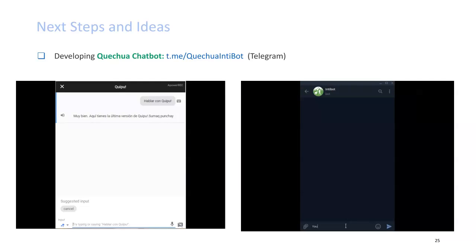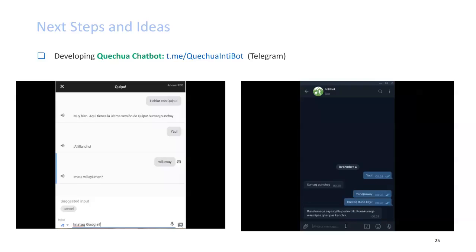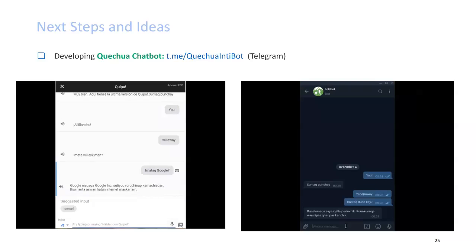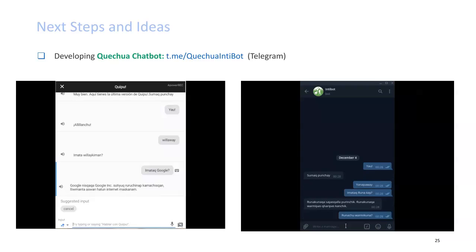Aquí tienes la última versión de Quipu. Aliyanchu. Imata Wilaikiman. Google Niskaka Google Inc. Sutiyur Rorochinap Kamachiskan, Yiumanta Asuan Hatun Internet Maskanam.